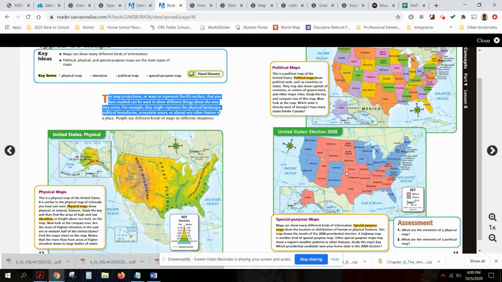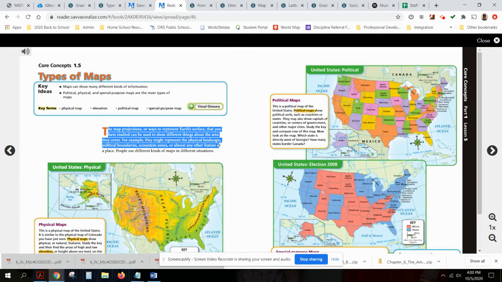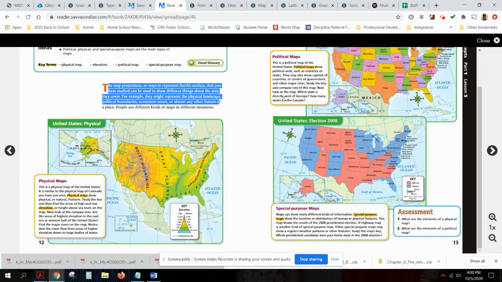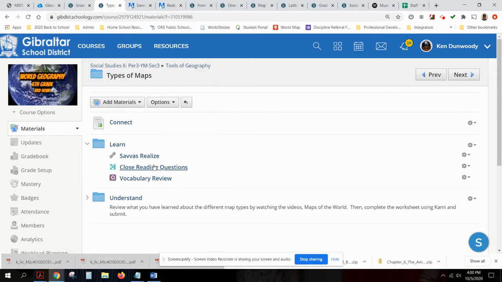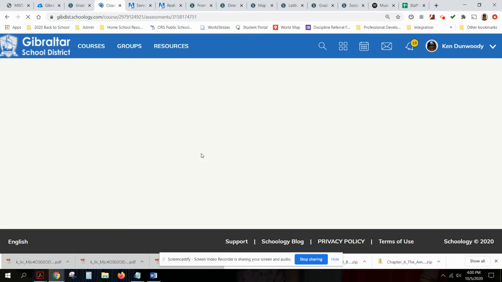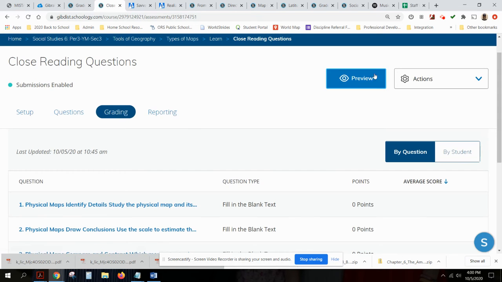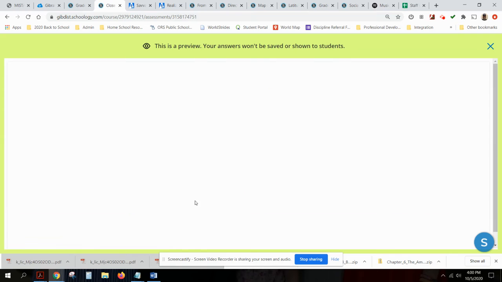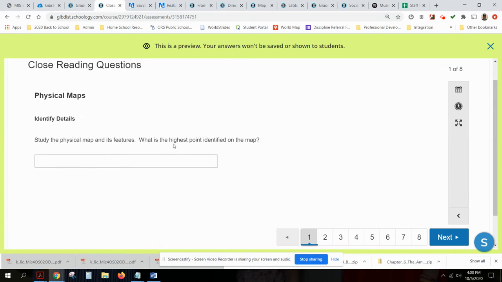That would be a special purpose map, but it shows natural features. All right, so you'll read through these pages, you'll read through these captions, looking at the map and trying to understand them. When you are done with that, you're going to go to the close reading questions, and you're going to use these close reading questions to dig into those pages to really understand them even better.